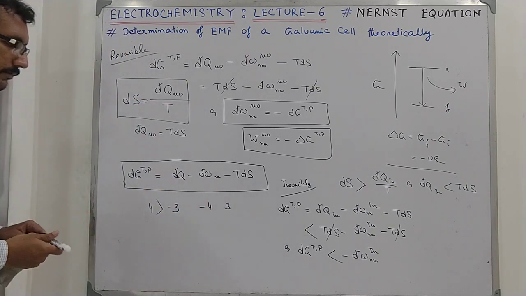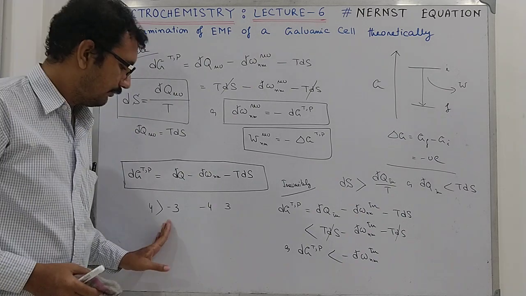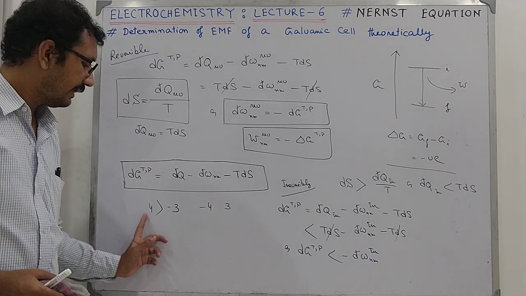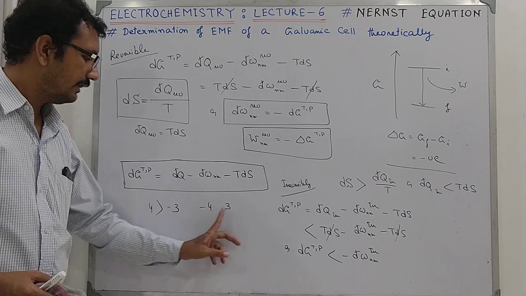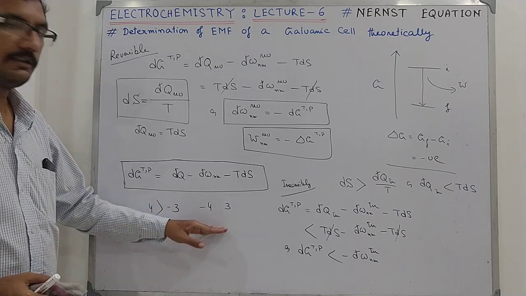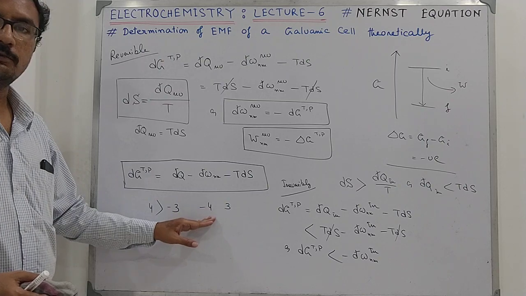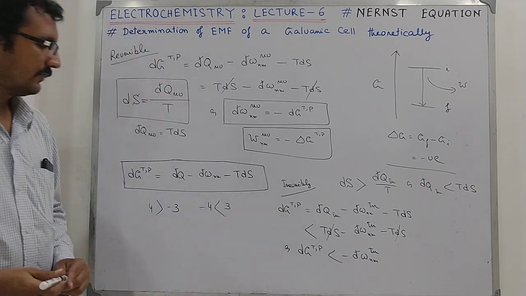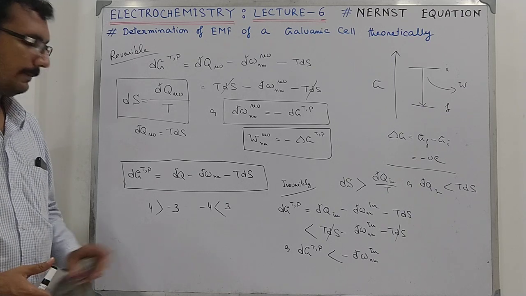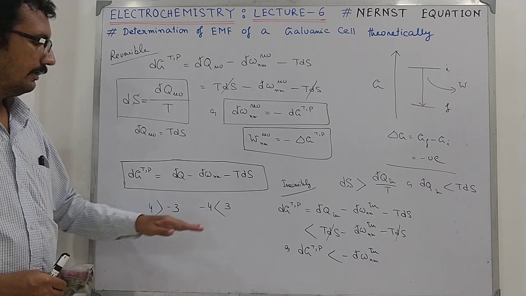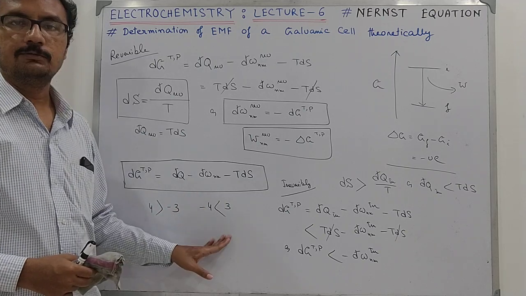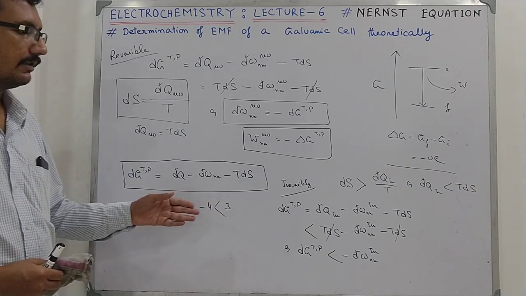What will be the sign? It is the truth that 4 is greater than minus 3. Now you are multiplying both sides by minus, so it will be minus 4 and plus 3. Now what will be the sign? 3 is greater than minus 4. So in case of an inequation, if you multiply both sides by a negative sign, the greater than will be converted to less than, and vice versa.